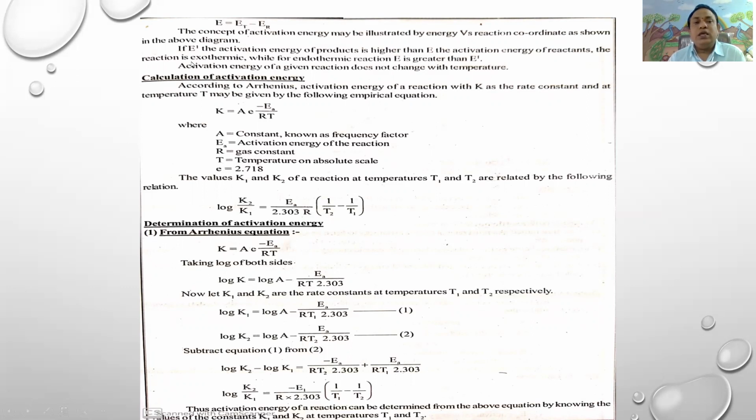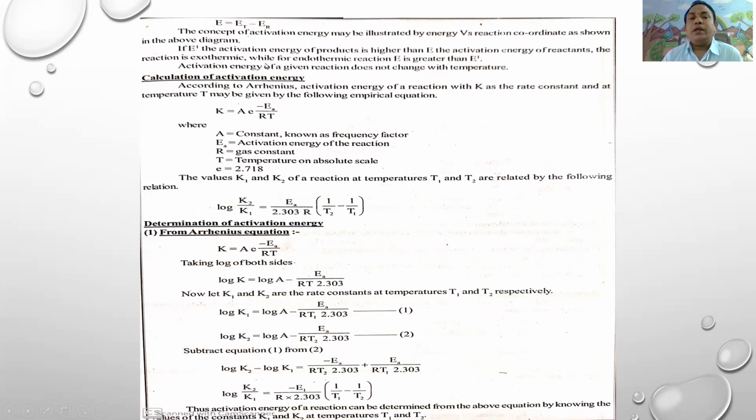Here, if EP, the activation energy of products, is higher than ER, the activation energy of the reactants, the reaction is exothermic.